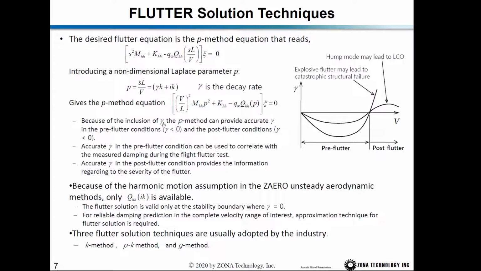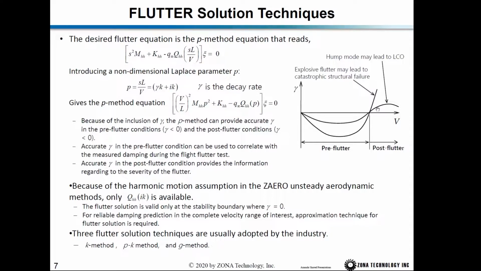Because of the inclusion of gamma, the P method can provide accurate gamma in the pre-Flutter condition where gamma is negative, and in the post-Flutter condition where gamma is positive. Why we need a non-zero gamma?